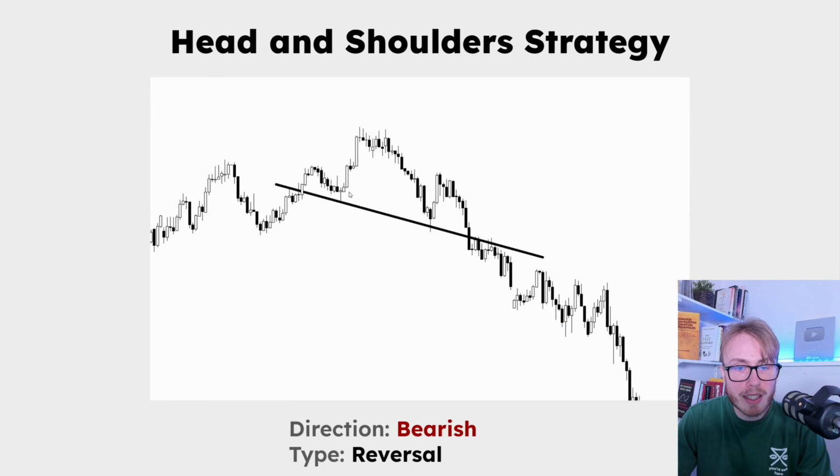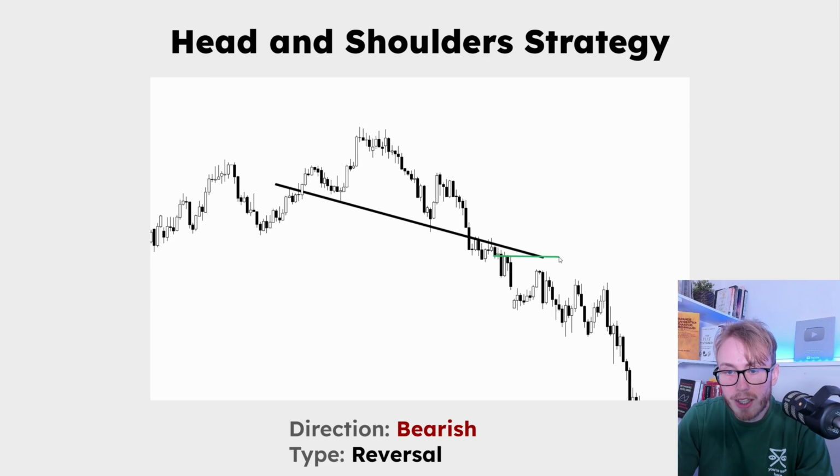Another common entry is to wait for the neckline to flip to become resistance and then enter at a reaction from the resistance. This entry point is often more suitable for short-term traders because you will be able to have a much tighter stop loss, and because you have a tighter stop loss, you will be able to have a tighter target as well.